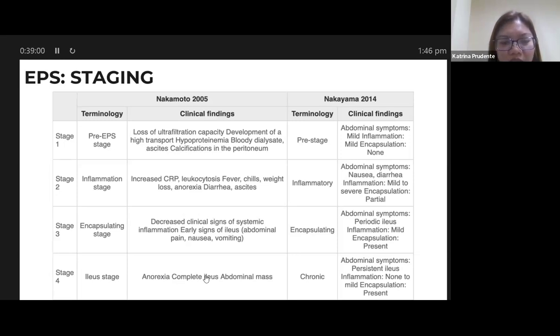Patients would present with anorexia, complete ileus, and an abdominal mass. The symptoms would include persistent ileus, and no inflammation may be seen, with only mild encapsulation present. So for our patient, she is in the pre-EPS stage.